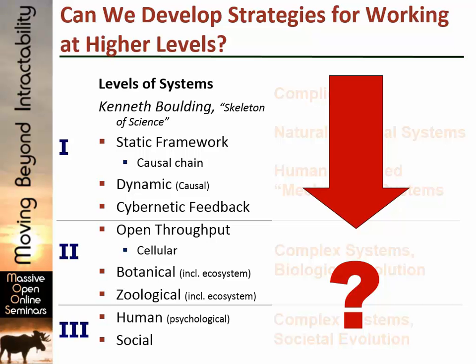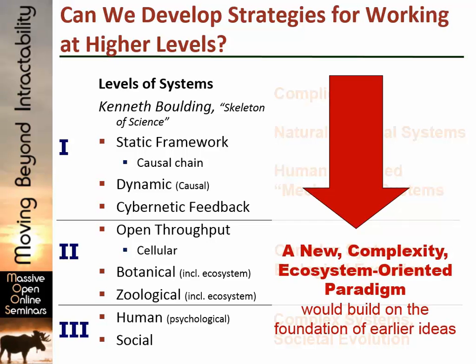And one of the questions that we want to pose in conjunction with this series of online seminars is: is there anything we can do to push the model still further, so we start to have some image of a new complexity-oriented, ecosystem-based paradigm that would be built on the foundation of all the earlier ideas, but would help us operate a little more effectively at this third level of systems, the gigantic, large-scale system.